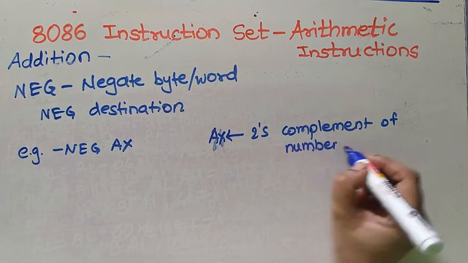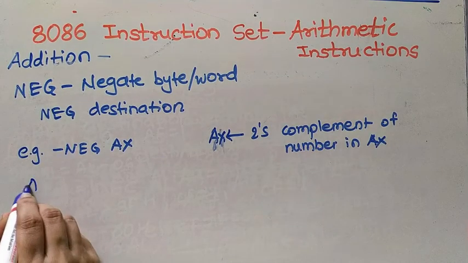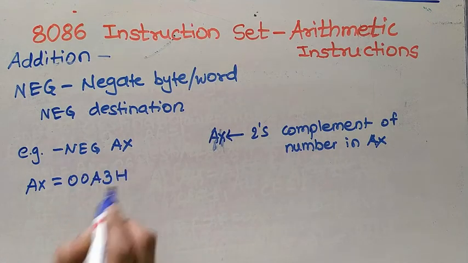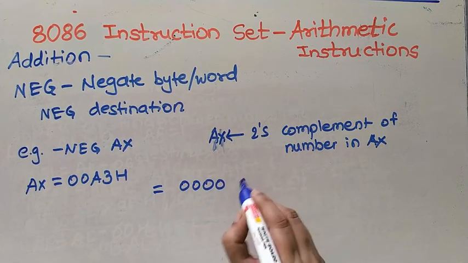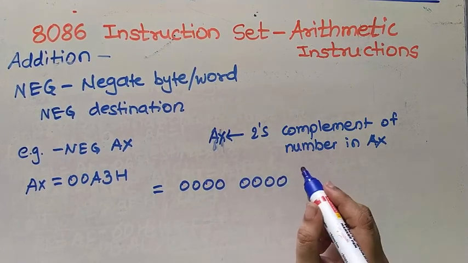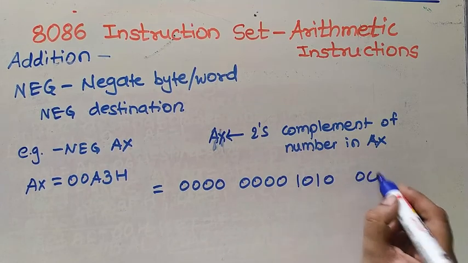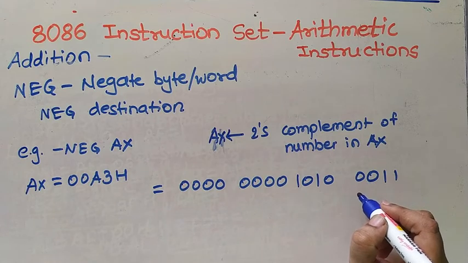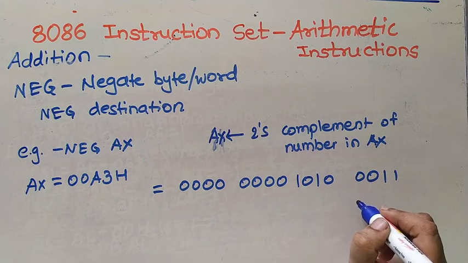the number in AX. Let's consider AX is having a data 00A3H. So it is represented as 00000000, A is 1010 and 3 is 0011. So first of all, we have to take the 2's complement, and for that first of all we'll take the 1's complement of this.